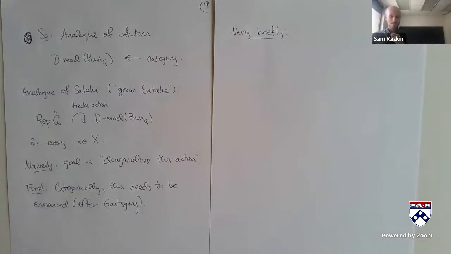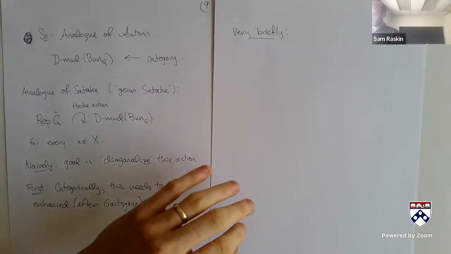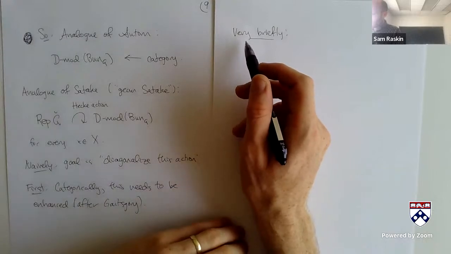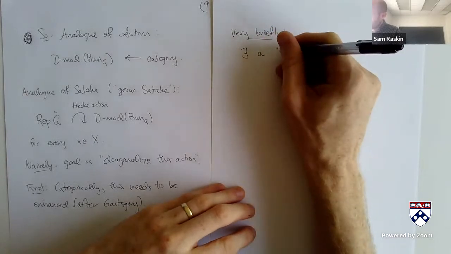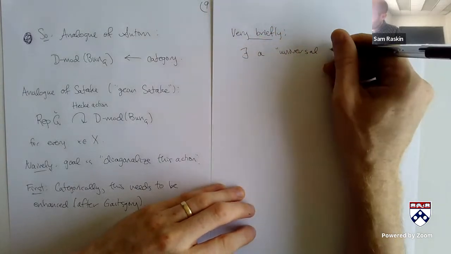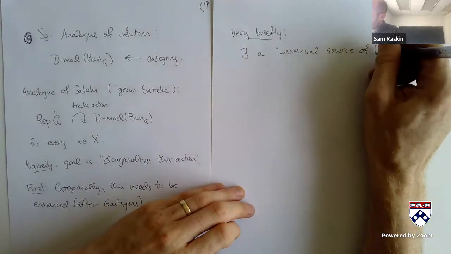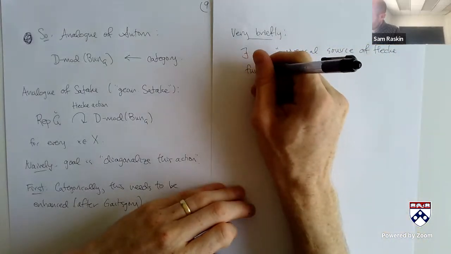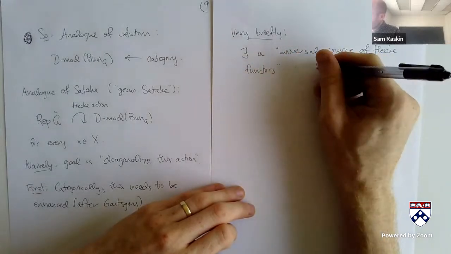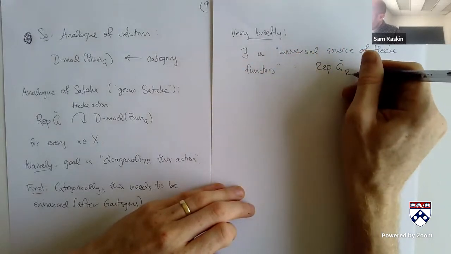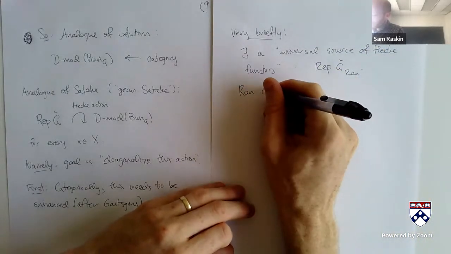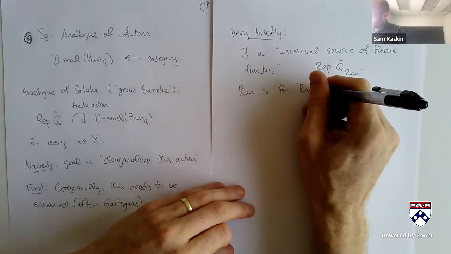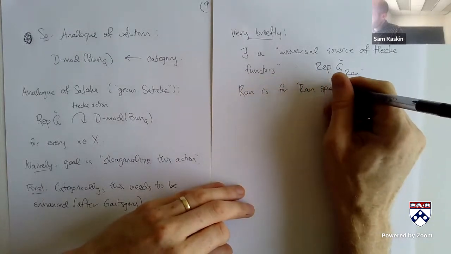Are there questions? Okay, so very briefly, there exists a sort of universal source of Hecke functors, which is denoted Rep G-check Ran. Ran is a person's name, it's for Ran space, Ziv Ran.